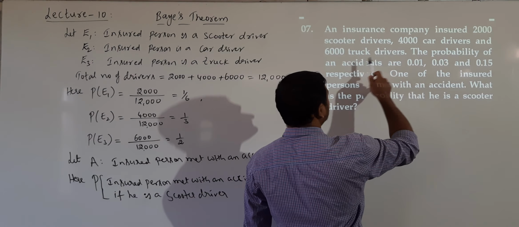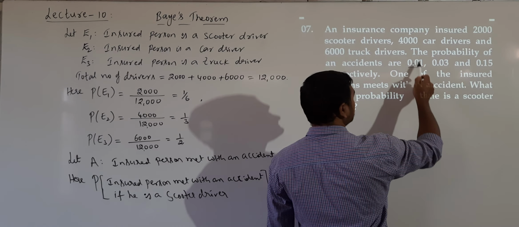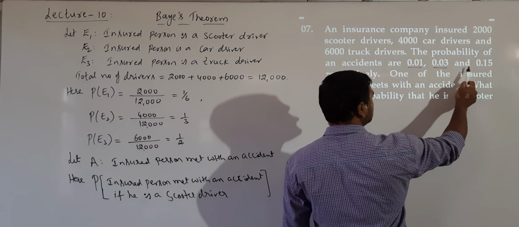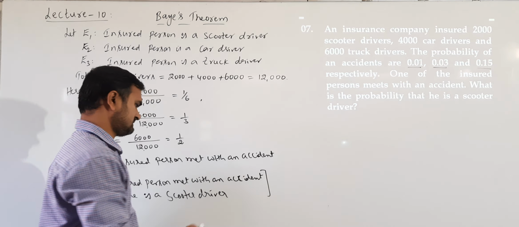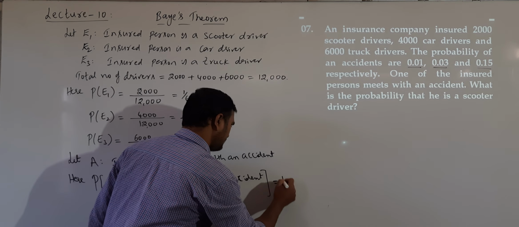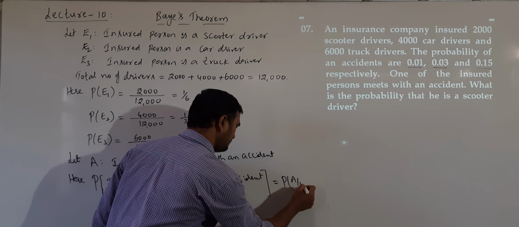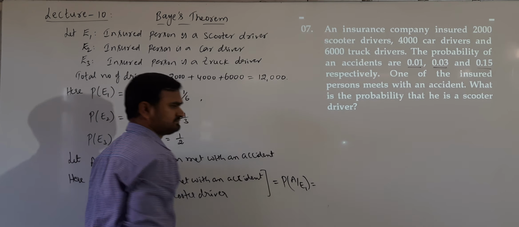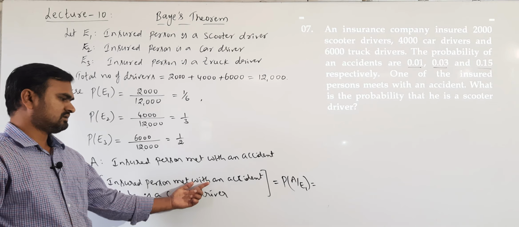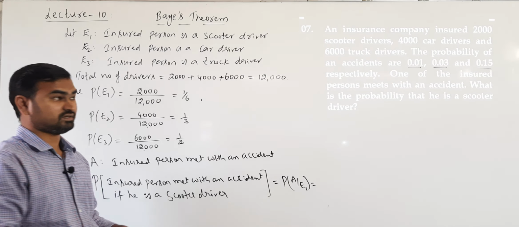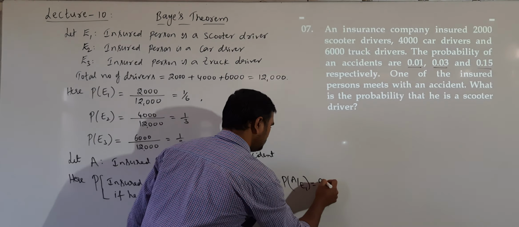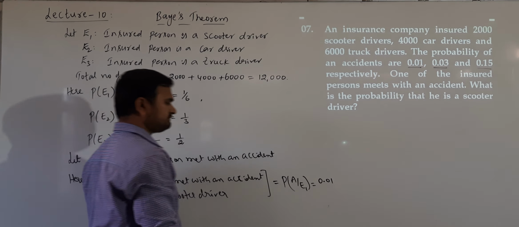The probabilities of accidents are 0.01 for scooter drivers, 0.03 for car drivers, and 0.15 for truck drivers. The notation is P of A given E1. Understand the notation? It is the probability of meeting with an accident given that he is a scooter driver, and that probability is given as 0.01.